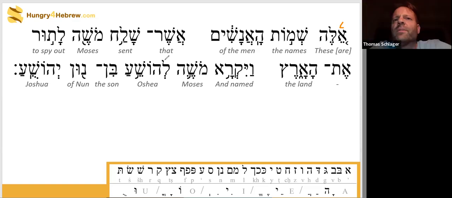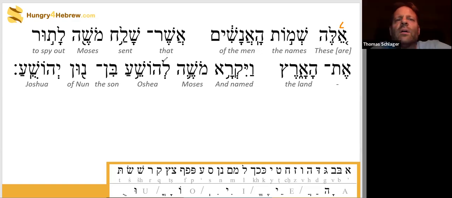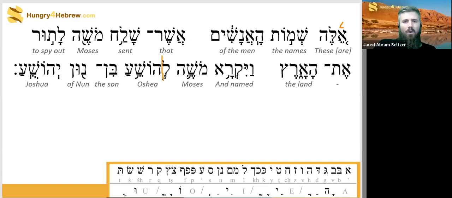Is that the same root, Hoshea and Joshua? Oh, sure. Hoshea is probably the Hifil of Yasha, to bring salvation, or he brought salvation.